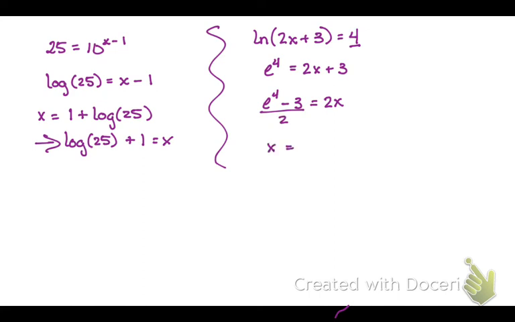So x equals, you can either write one half times e to the fourth minus 3, or you can write it as e to the fourth minus 3 over 2. I like to write it like this, but are they the same thing? Yes. I got two more of those examples.